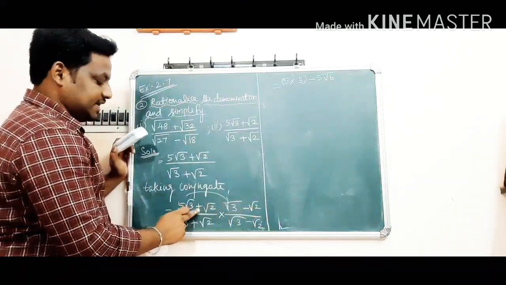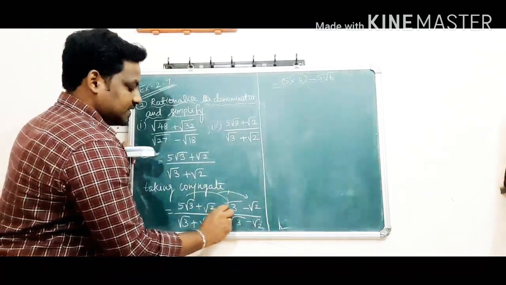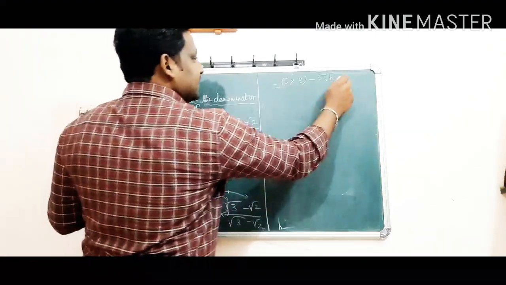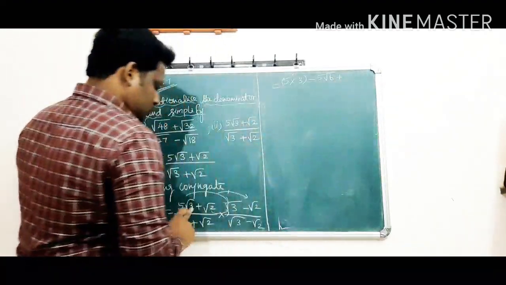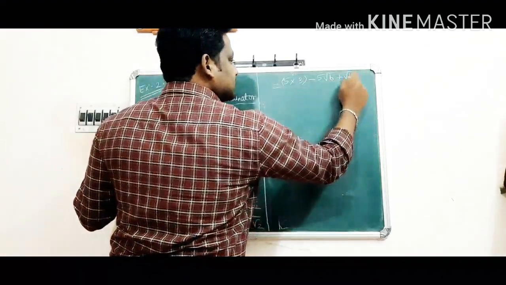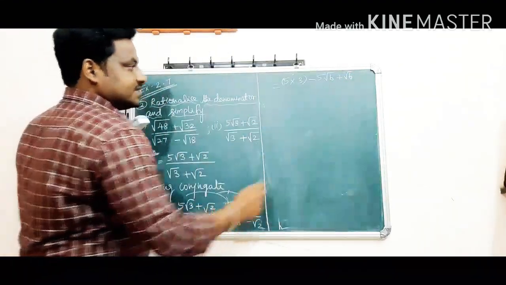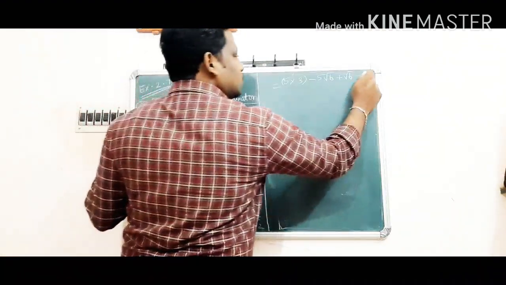And then the next, second term: root 2 plus root 2 into root 3. Plus into plus, plus root 2 into root 3, root 6. Plus into minus, minus root 2 into root 2, 2.